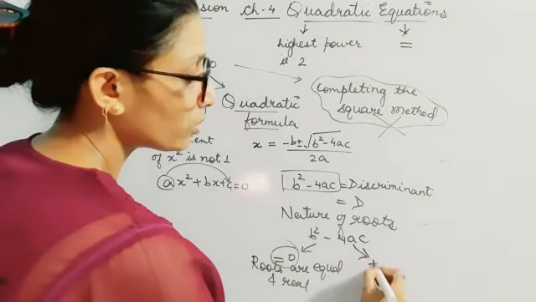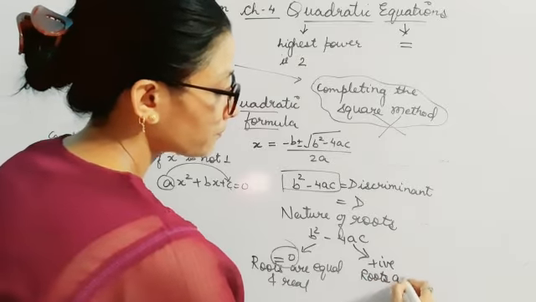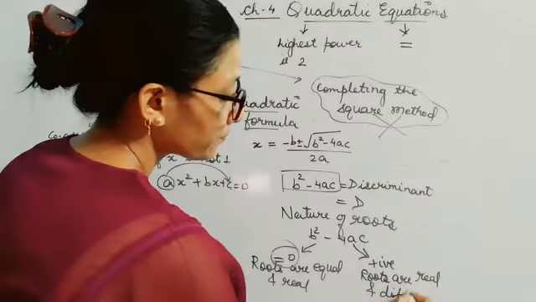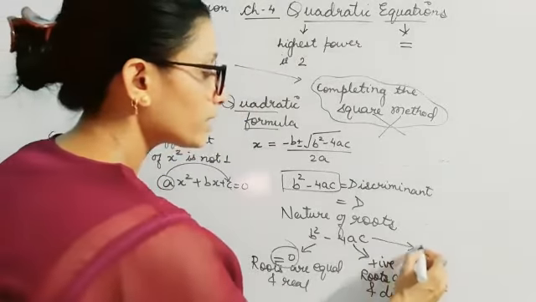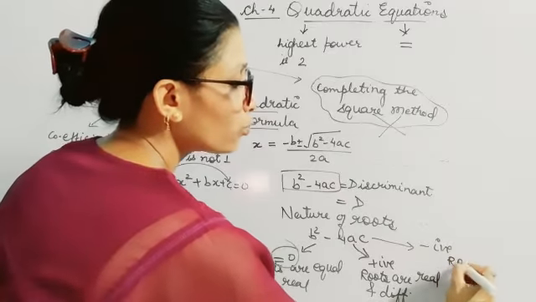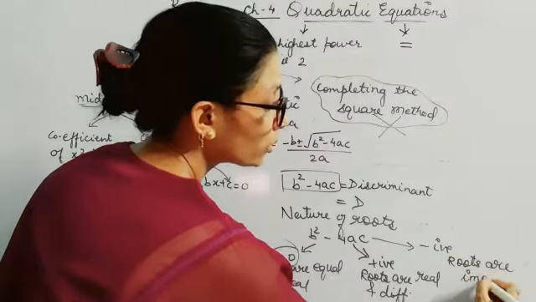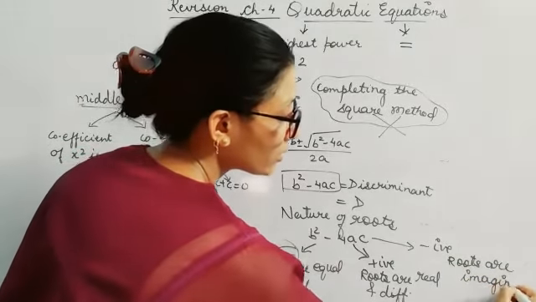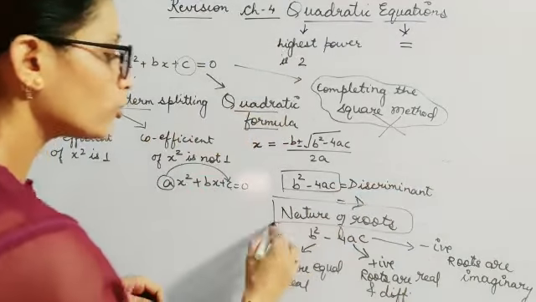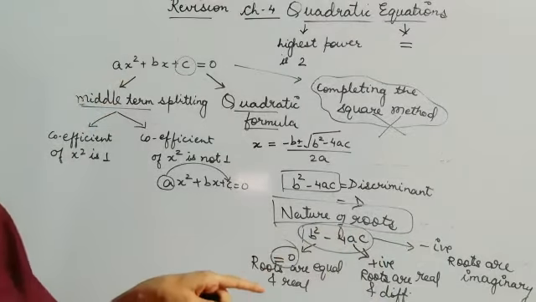If it gives you a positive value, then you say roots are real and different. But if you get a negative value, then you say roots are imaginary. That means roots do not exist. So for nature of roots, you can always remember this formula b square minus 4ac.